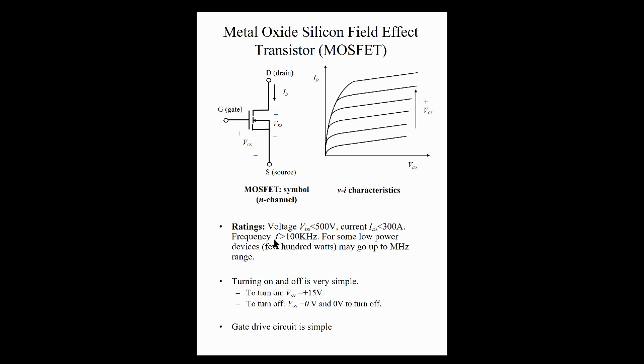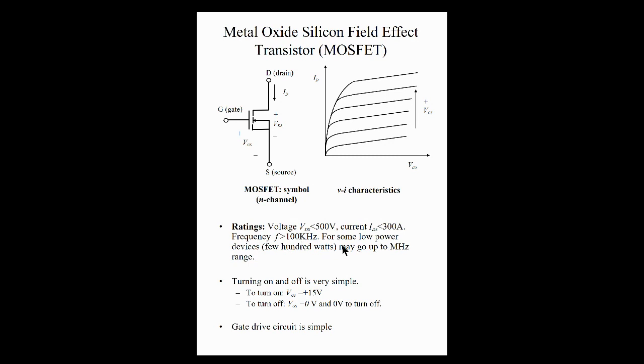However, the frequency for this device is much larger than 1000 kilohertz. So if you are going for a high frequency, then a MOSFET is a preferred device. Very important to note: for high frequency applications, you will use your MOSFET.